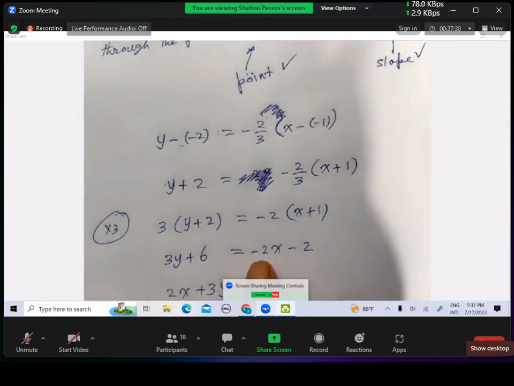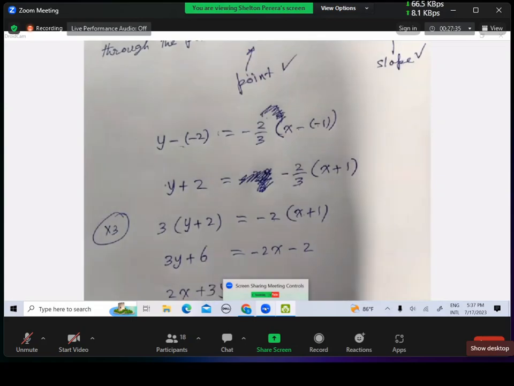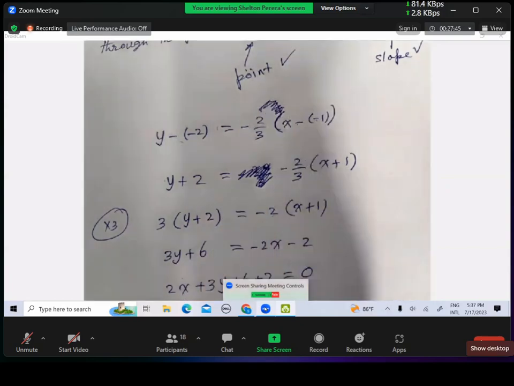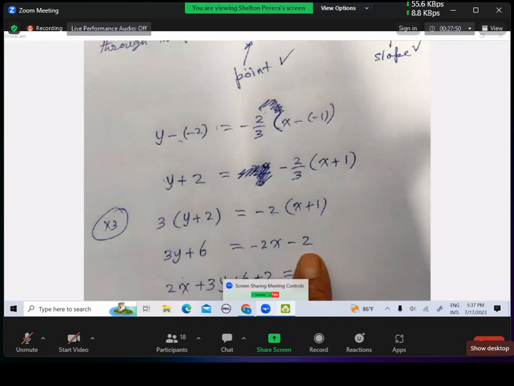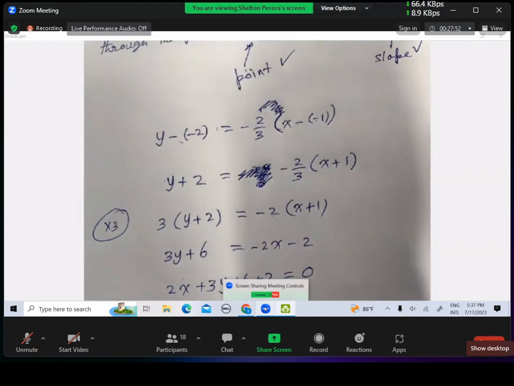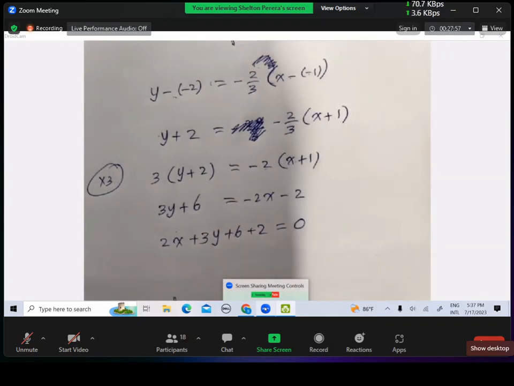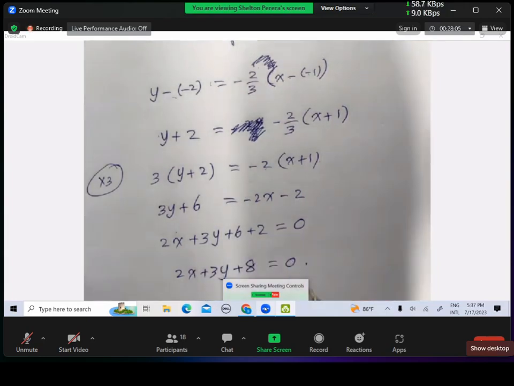Taking the -2 to this side is the same as adding 2 to the equation. So 2x plus 3y plus 6 plus 2 equal to 0. It becomes 2x plus 3y plus 8 equal to 0.